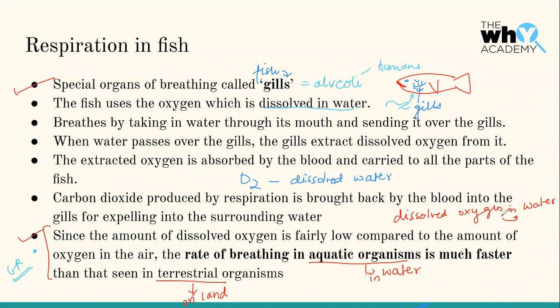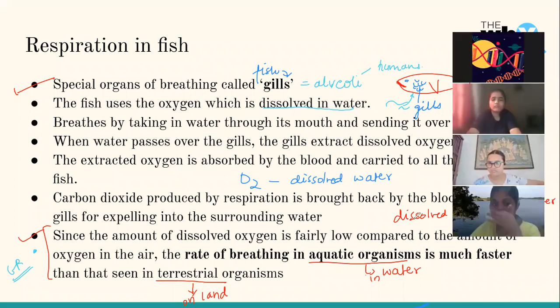And because it is low, the fish has to do extra effort or take in more water to get that much amount of oxygen which we would have got simply by taking one inhalation or one breath in. Because of that, their rate of breathing is much faster. That is the explanation for this give reason.